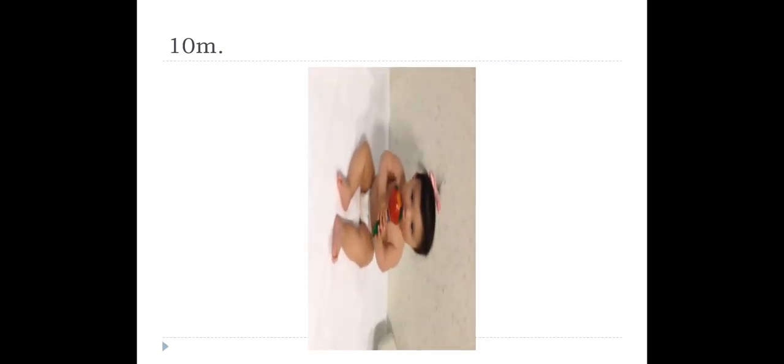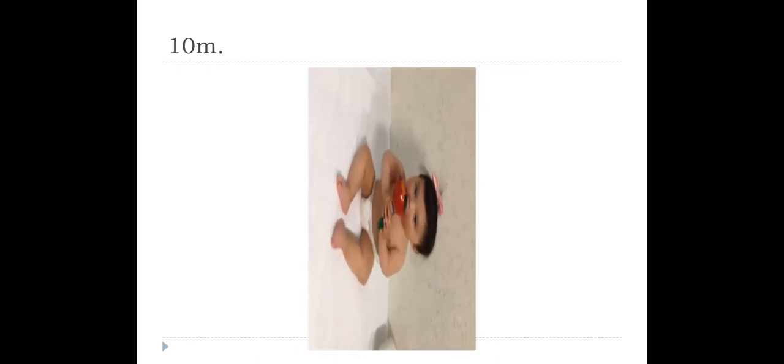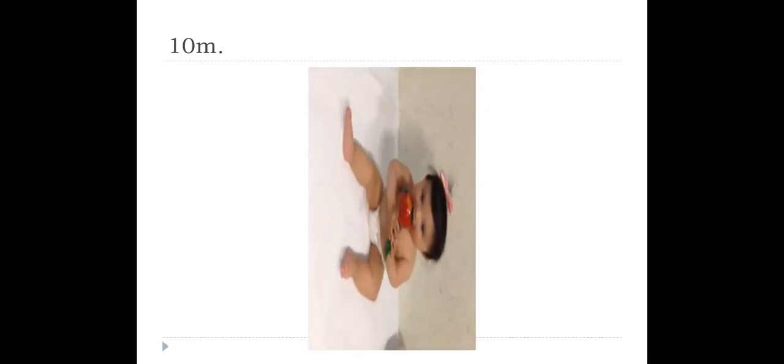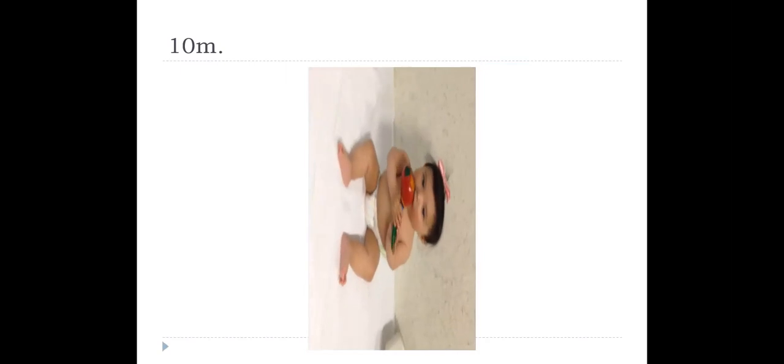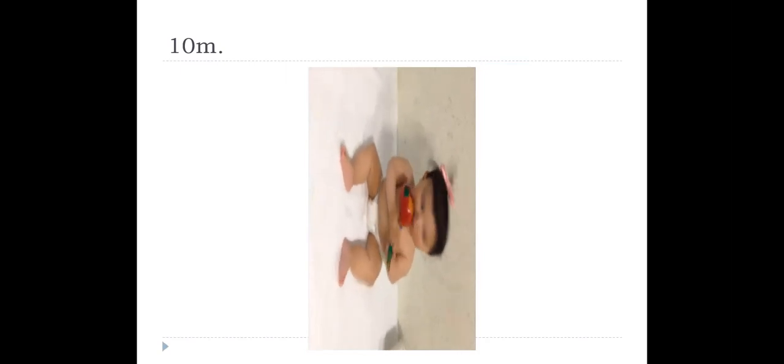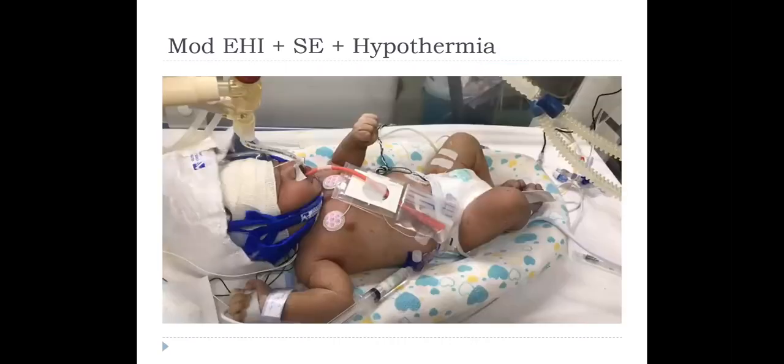This is a baby with a normal developmental outcome. And it was important because we are using the aEEG as a very strong prognostic tool in our protocol.